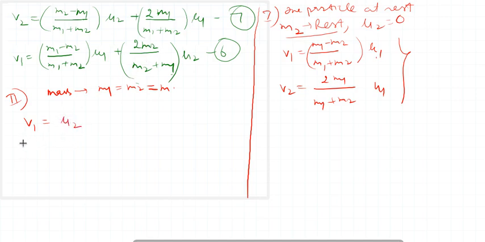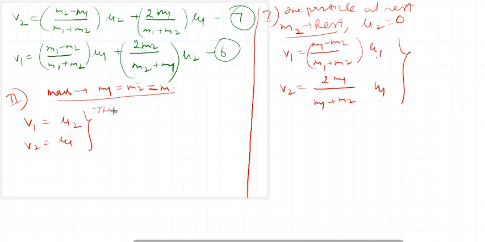And similarly, I am getting that V2 is equal to U1. That's what we are getting when both the particles are of the same mass.